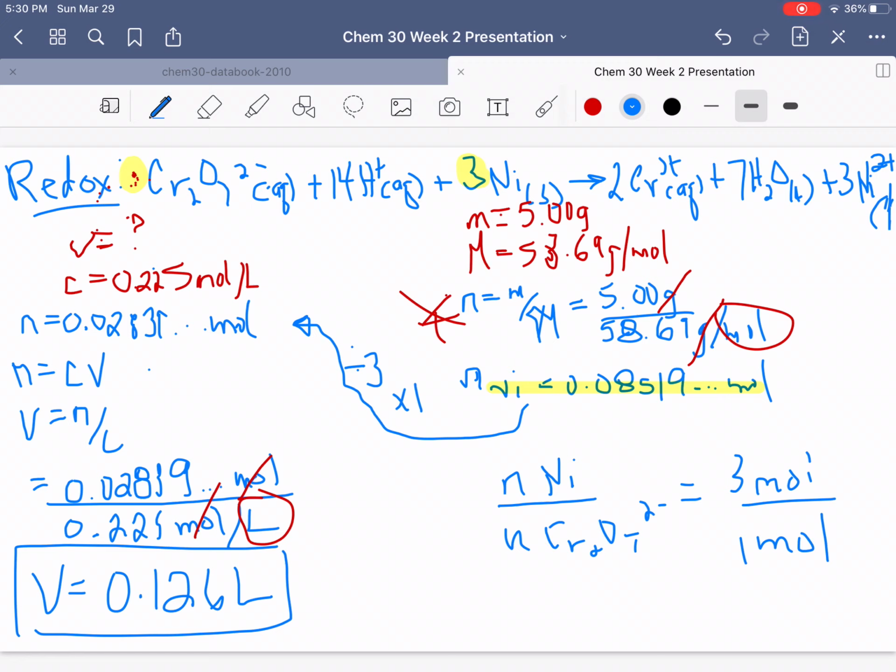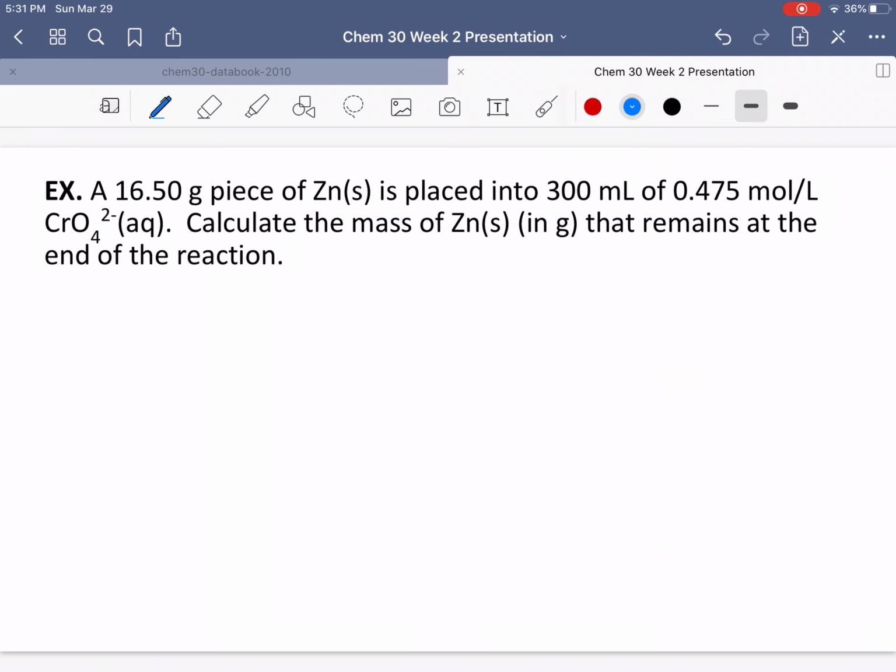All right, let's try another one, which is going to review the new type of balancing that we've been doing. When you consider this one, we have a 16.50 gram piece of zinc solid placed in 300 mL. Again, start thinking about numbers here. This is the mass of zinc. Yellow goes with yellow.